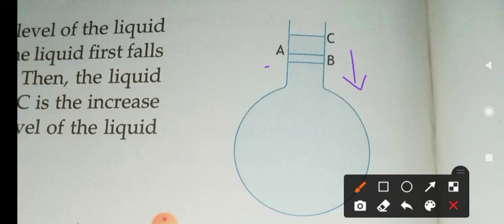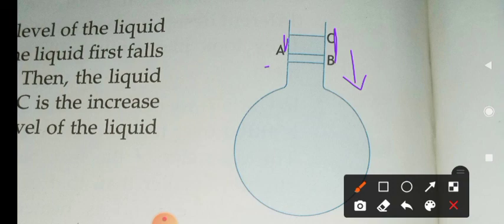Therefore, it appears that AC is the increase in the level of the liquid. But the real increase in the level of the liquid is BC. Therefore, the real expansion of the liquid is equal to the expansion of the vessel plus the apparent expansion of the liquid.